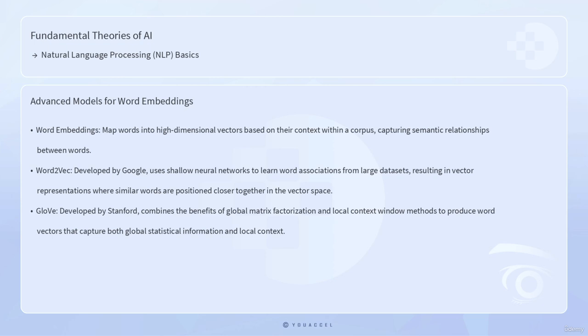Word2Vec, developed by Google, uses shallow neural networks to learn word associations from large datasets, resulting in vector representations where similar words are positioned closer together in the vector space. GloVe, or Global Vectors for Word Representation, developed by Stanford, combines the benefits of global matrix factorization and local context window methods to produce word vectors that capture both global statistical information and local context.